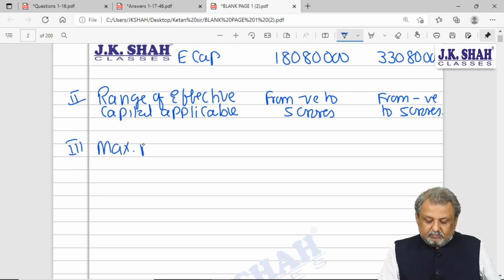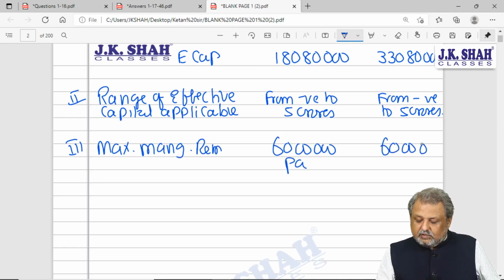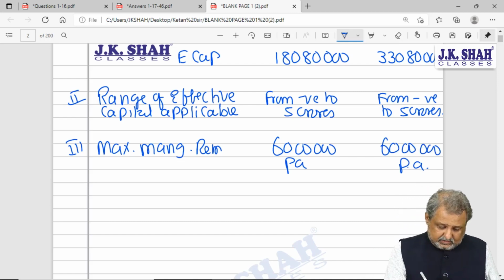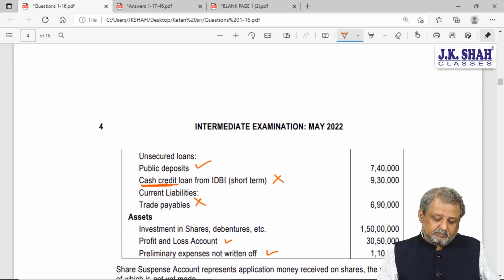Maximum managerial remuneration, 60 lakhs. Per annum. If the range of the two is different, then the remuneration will be different. But as a student, in this question it is not coming different, it is coming same.